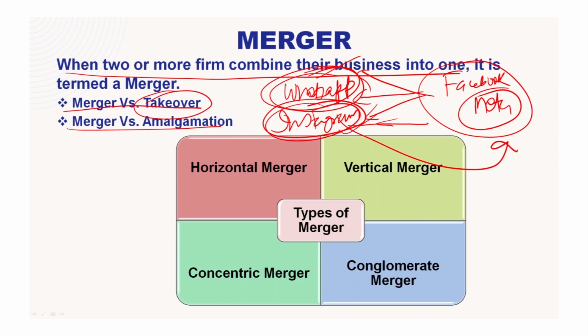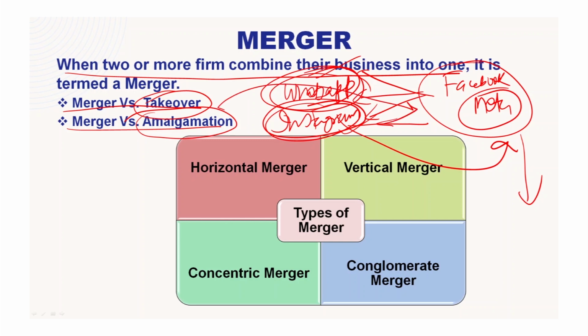Takeover is when the shares of the smaller company are purchased in the open market by the bigger company. It is more dominating. Amalgamation is when you sell the total assets of the company to a bigger company.